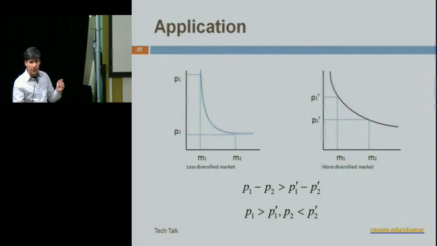But interestingly, the price you expect for the less demanded object M2 should be P2 in the first case, but the corresponding price in the more diversified market should be P2 dashed, because it is a higher proportion of the total number of requests in the more diversified market. That means that P1 should be greater than P1 dash, and P2 should be less than P2 dash.